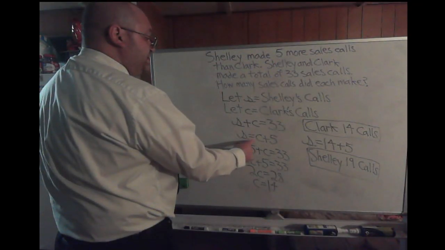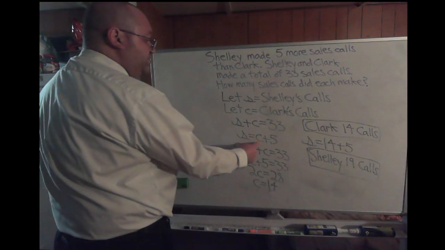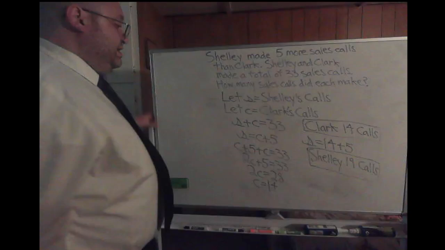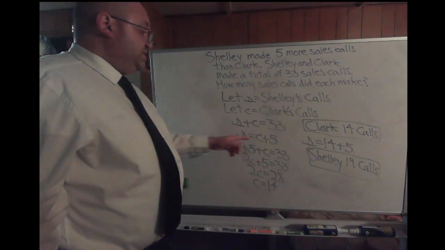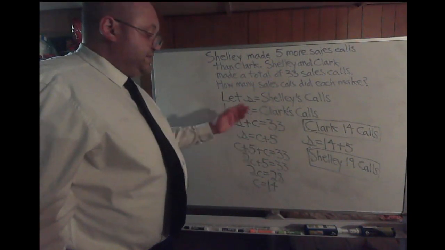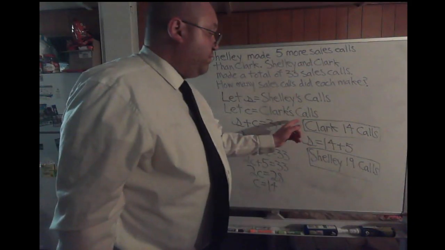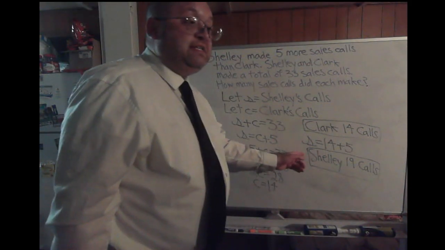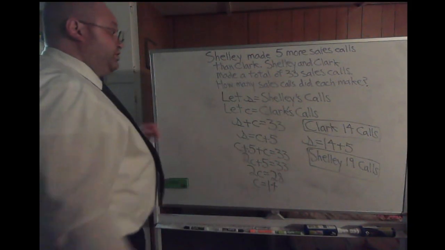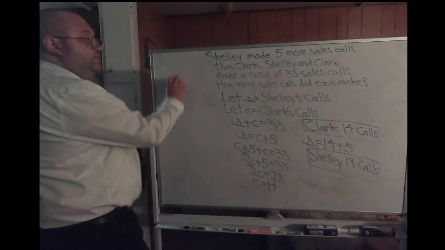So Shelley's is equal to Clark's plus 5. S equals C plus 5. Then I was able to substitute C plus 5 in for S. I did the algebra. I got Clark having 14 calls, Shelley having 19 calls. So that's how we arrived at that conclusion. And I got one more problem.